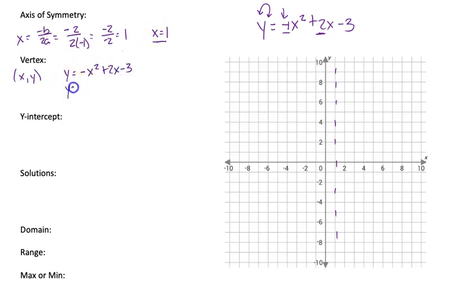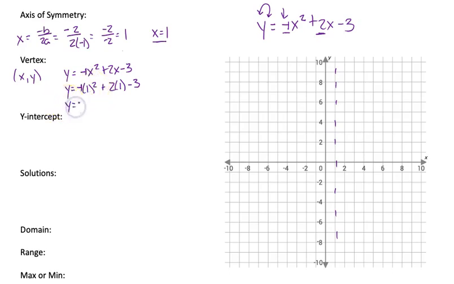So y equals negative, now here's kind of fun, 1 squared plus 2 times 1 minus 3. That 1 is being squared. The negative needs to be out front. Remember, that's like saying negative 1 times x squared. So I could rewrite that as negative 1 times whatever the x value is, 1 squared.